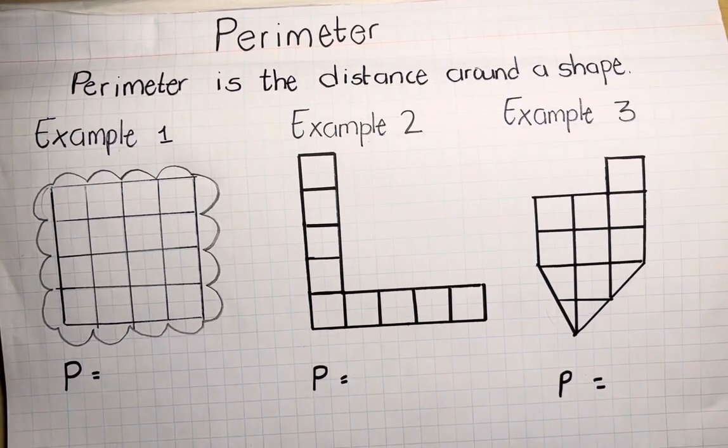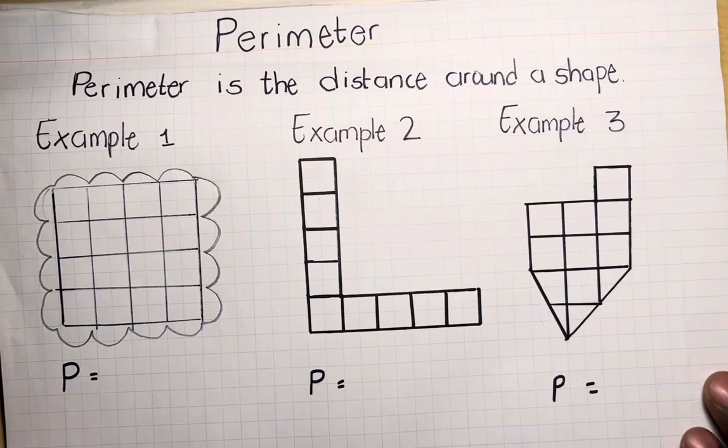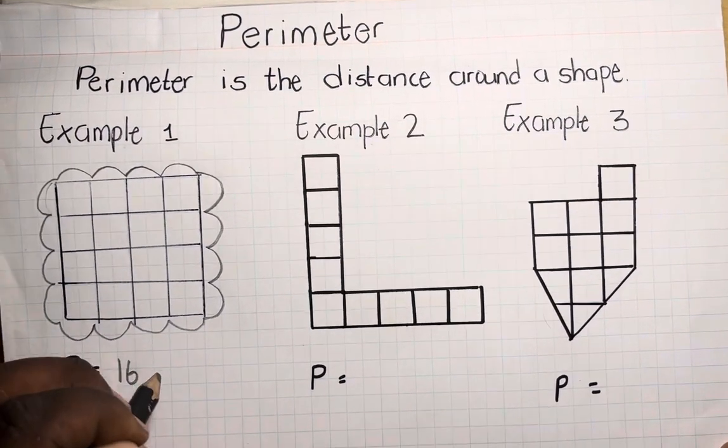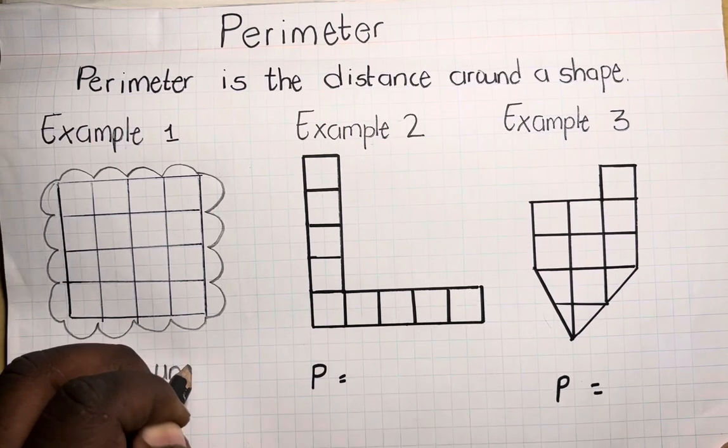This basically means that the perimeter of the shape in the first example is actually 16 units.